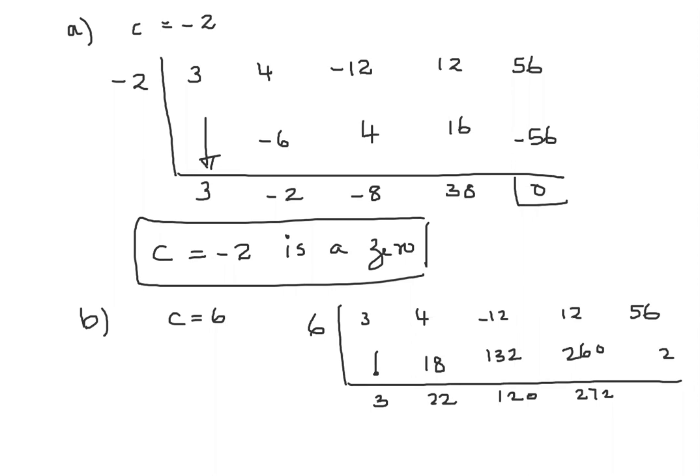So it's becoming bigger and bigger. I don't think we are going to get a 0 here. 272 times 6 is 1632. And obviously we are not getting 0, so it's not. So c equal to 6 is not a 0, because we have to get 0 as the remainder.